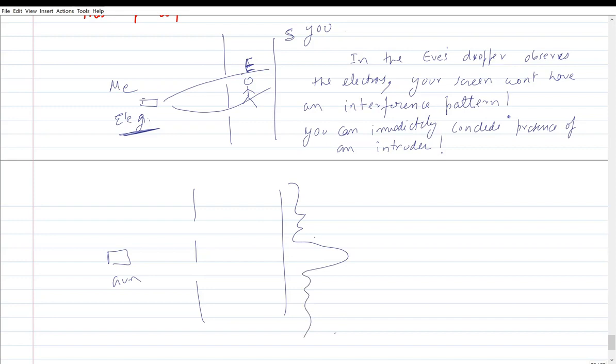So as long as I am observing the interference on the screen, I am pretty sure that the messages have not been intercepted or observed by any of this guy, because no one in the universe knows which path the electrons took. That information doesn't exist. So we are guaranteed security by quantum mechanics.